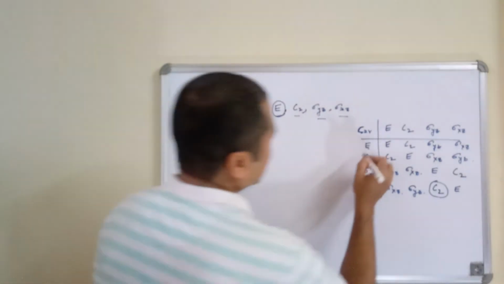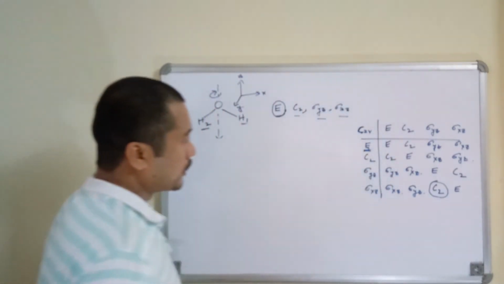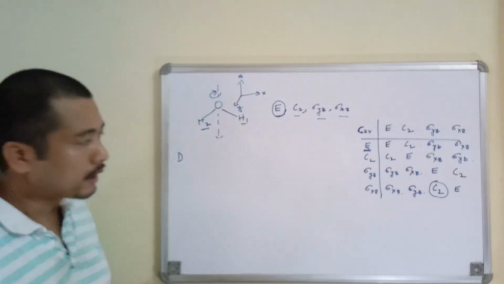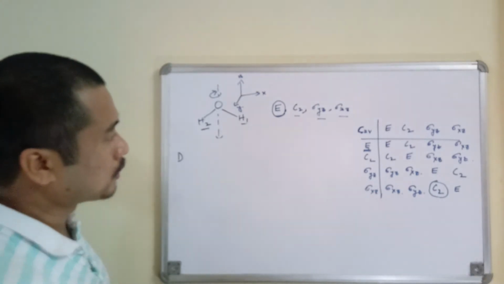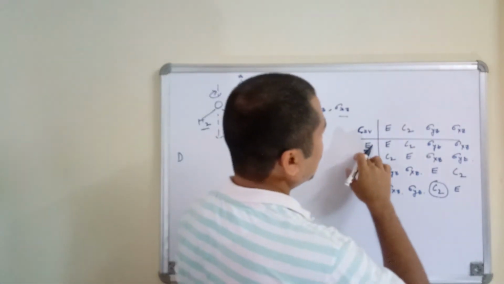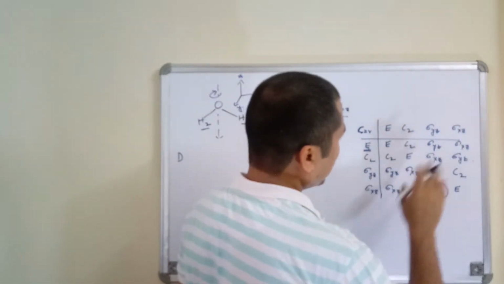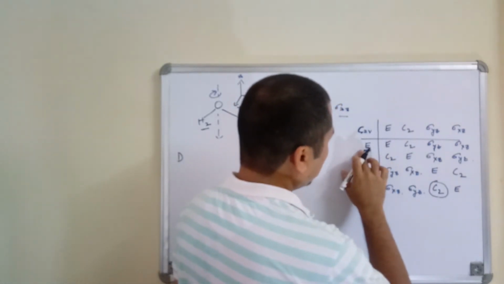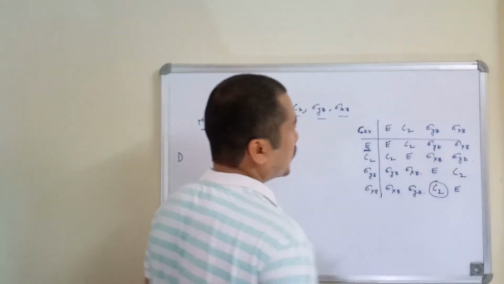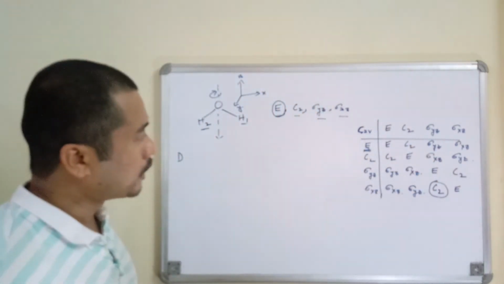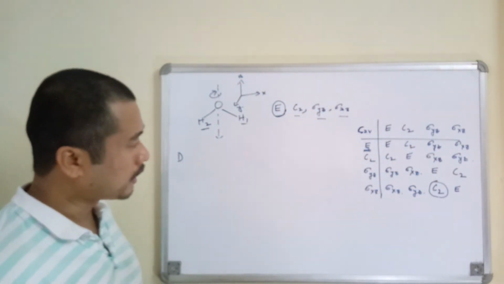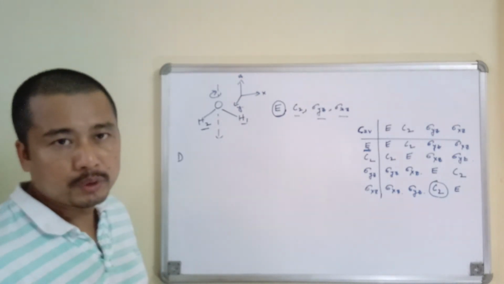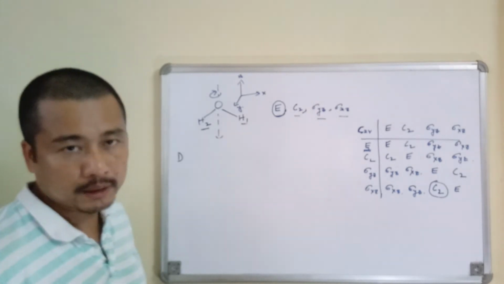So the identity operation is present in all molecules, and that is why the second rule of a mathematical group is also satisfied, because the product of the identity operation with any other symmetry operation will give us that operation as well. They commute with each other and follow the commutative rule of multiplication essentially.